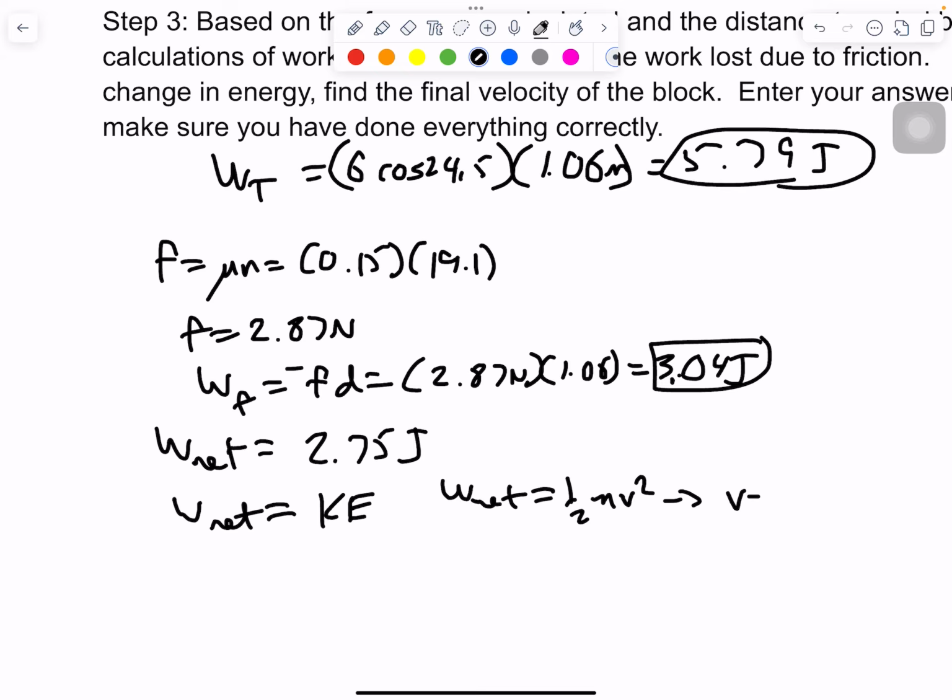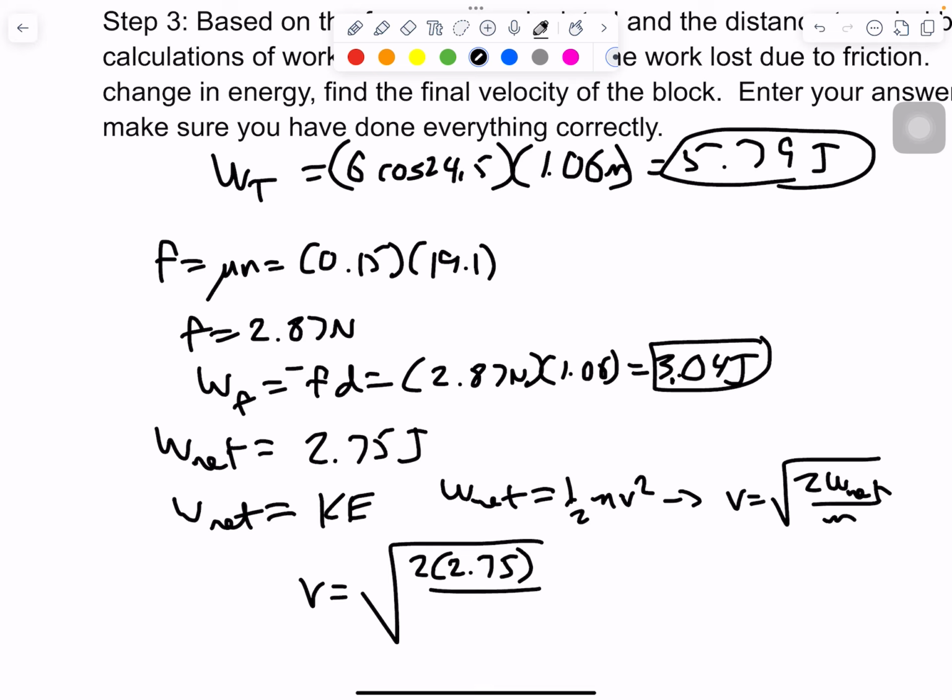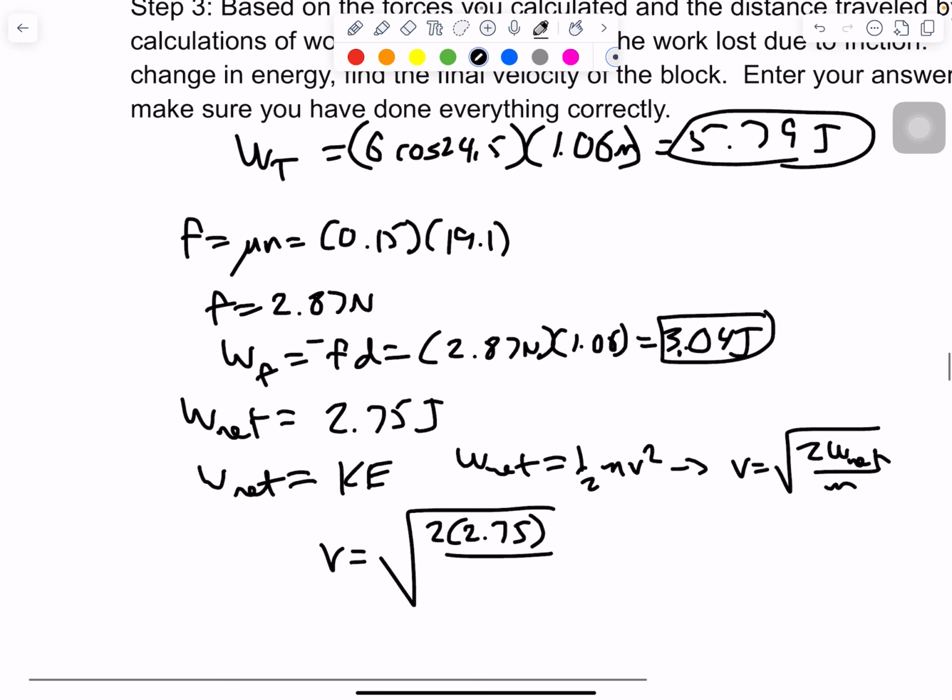As we've seen time and time again, multiply by 2, divide by mass, square root. 2 times the net work over the mass will be how you find your velocity. So 2 times 2.75 in my case, divided by the mass of 2.2 kilograms. So 2.75 times 2 divided by 2.2.